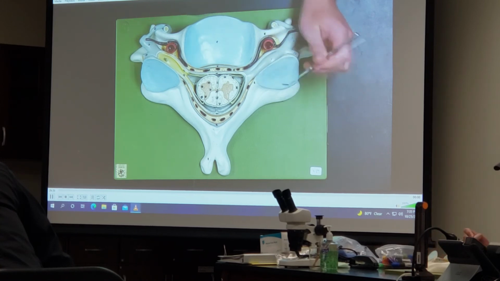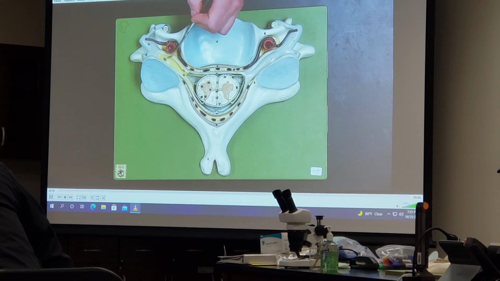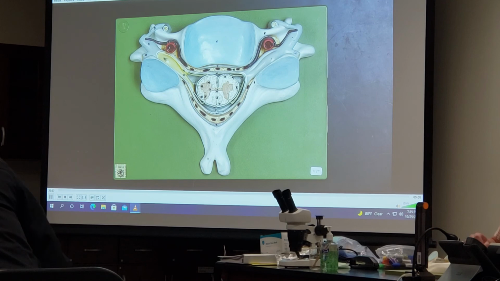And here is where we have the cell bodies of the pseudounipolar neurons, which is the DRG, or the dorsal root ganglion. And here is the ventral ramus, and this is the dorsal ramus.